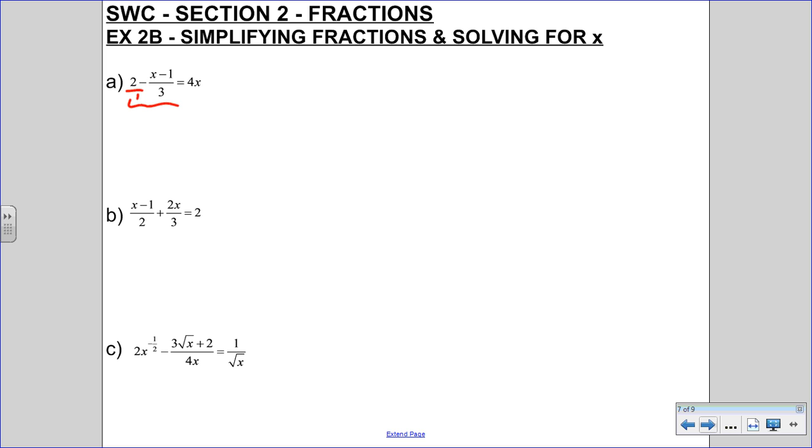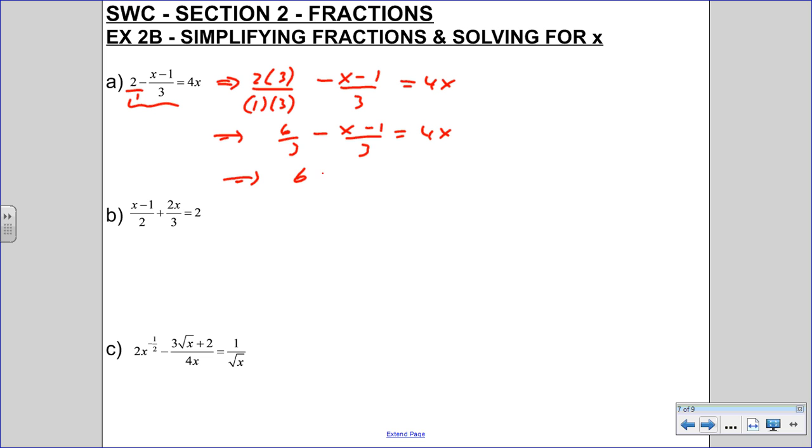And this doesn't have a 3 on the bottom. So in order to make it the same, we're going to put a 3 on the top and a 3 on the bottom, yeah? And now you can see that the denominators match, because this is 6 over 3 minus x minus 1 over 3 is 4x.